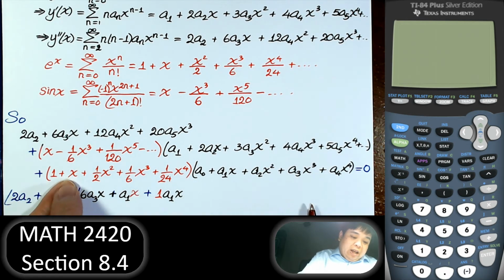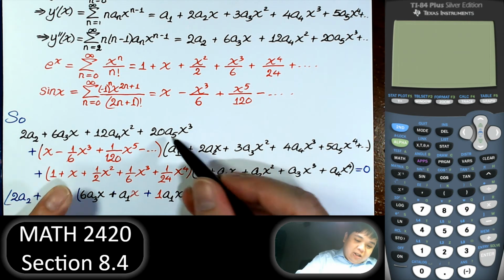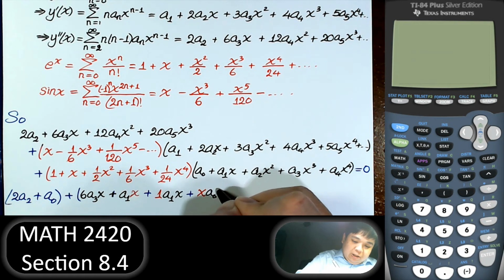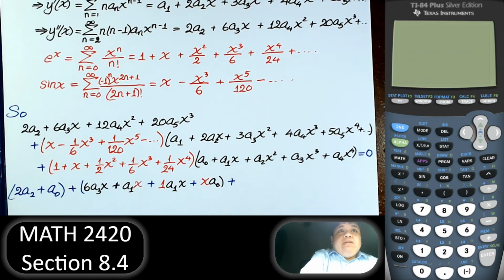Now x times a0 also gives us the x. So that gives us the power of x.